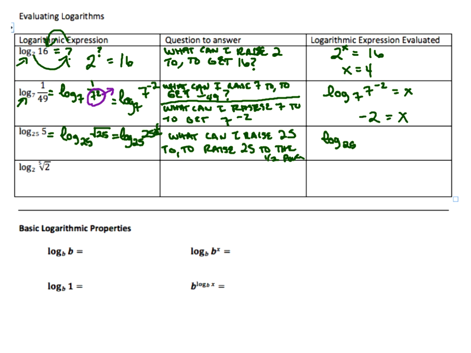So log base 25 of 25 to the 1/2 power has to equal 1/2. Remember, I start at the base, raise to the is, and that equals the of. So 25 to the 1/2 power equals 25 to the 1/2 power.